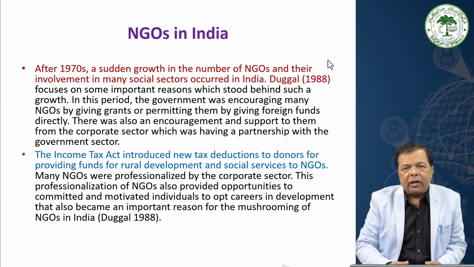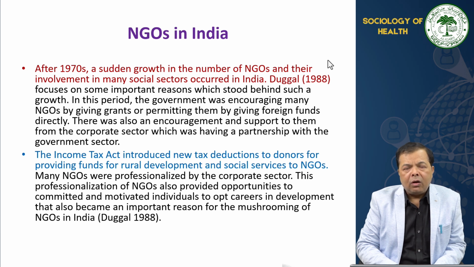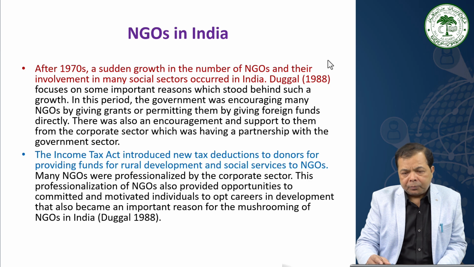This also encouraged private corporations and individuals to come forward and participate in the goals of the NGOs, because they primarily focus on certain social values and providing services to the needful. So this is how things were operating.